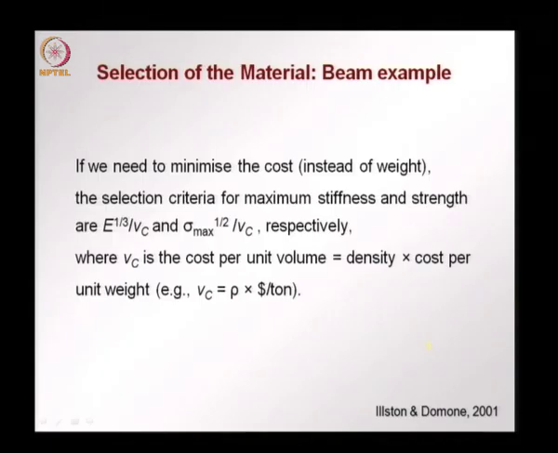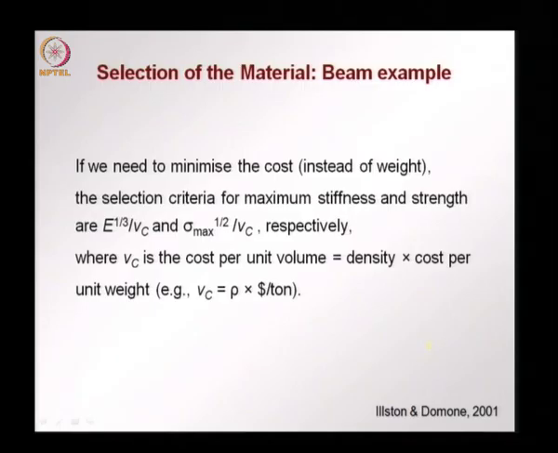Now, weight may not always be the final objective of design, often it is cost effectiveness. In the last lecture I talked a lot about how cost effectiveness is very important, because the cost of the material would go on to determine the project cost, how much we spend for a structure, and budget limitations and so on apply.